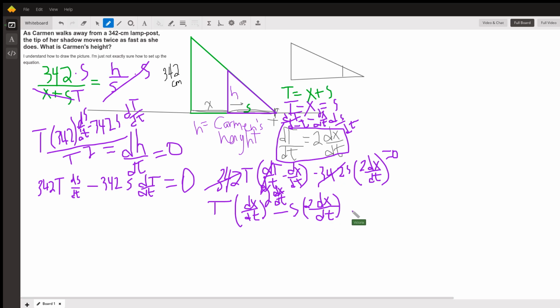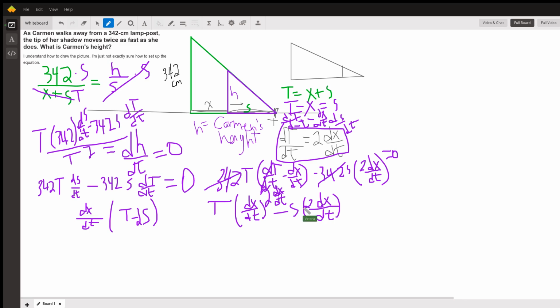Now, if I factor out a dx dt, I get T minus, whoops, I don't want equals here. I get T minus s minus 2s.